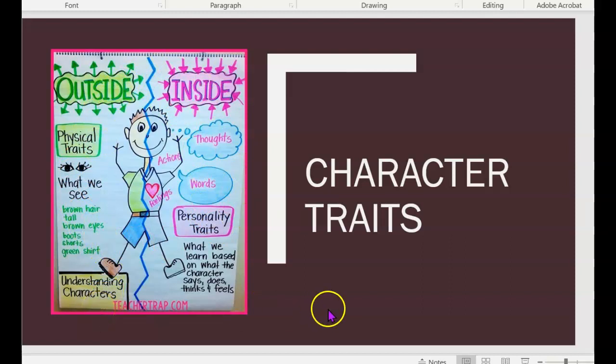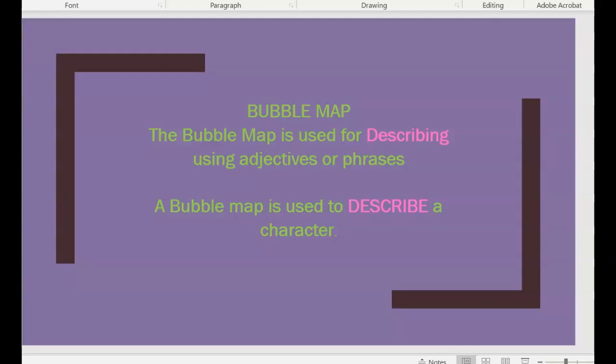So today, before we discuss text structure and how we organize a passage, we're going to focus on Benjamin Franklin and his character traits. What type of person was he? So we're going to be creating a bubble map. If you remember, a bubble map is used for describing.